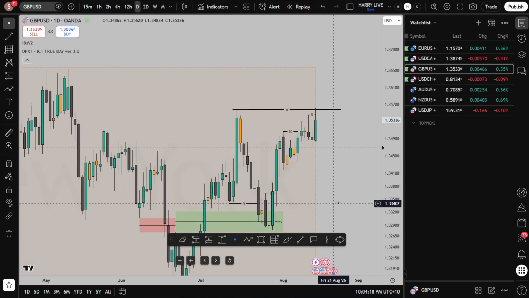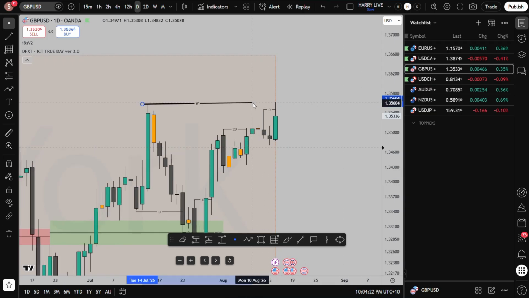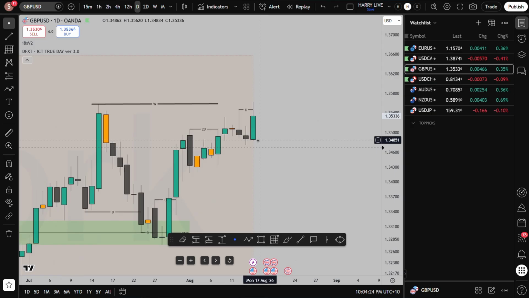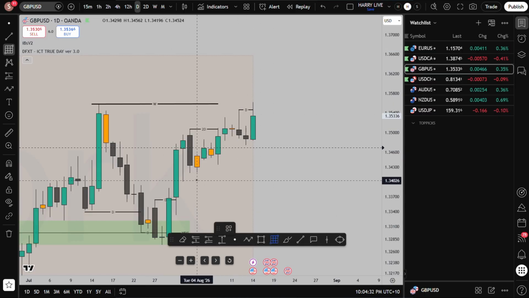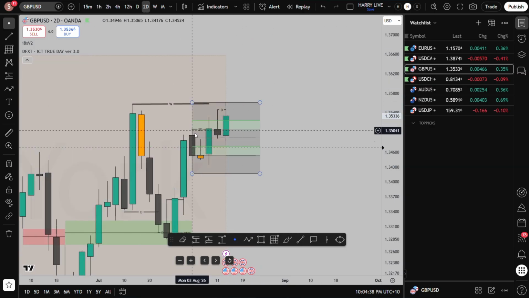What happens, how the daily legs form on this one as well, because on the daily we have this leg, and I'm expecting this one to be swept into this region. Let's see how the pullback happens on this one. We are bullish on this one.